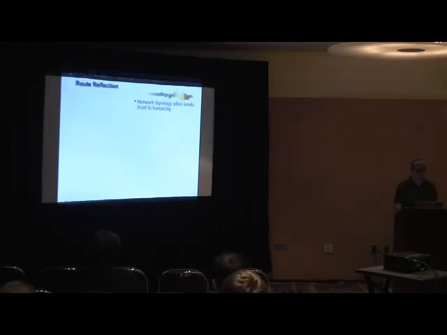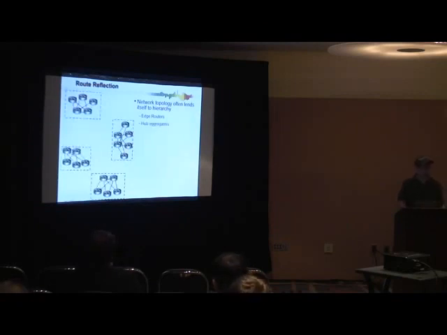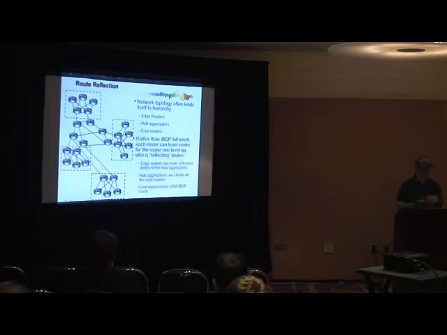So route reflection. The network topology often lends itself to hierarchy. For example, you may have edge routers, and those edge routers may be connected to hub aggregators, and those hub aggregators may be connected to core routers, and the core routers may have some dense mesh between them. This has a natural hierarchy to it. And rather than doing an iBGP full mesh of all of these devices, what you can do is just run BGP with the routers one level up who are reflecting routes back to you.